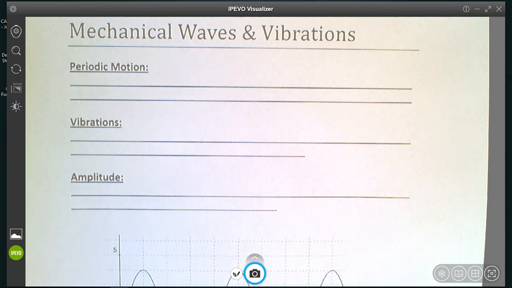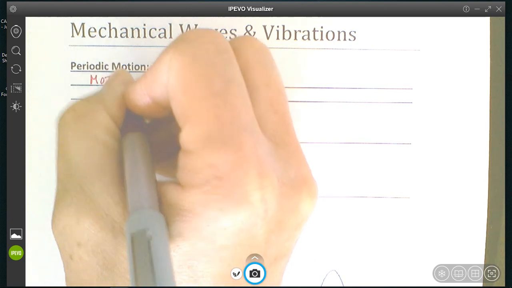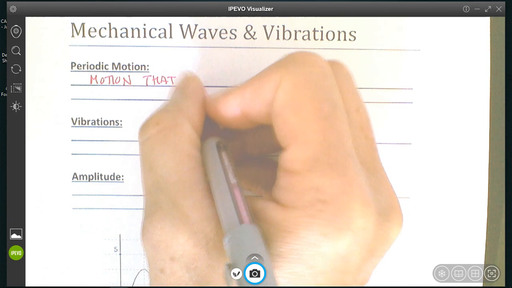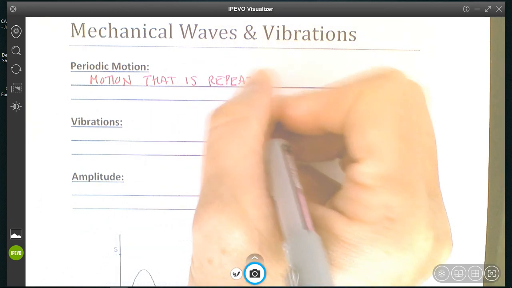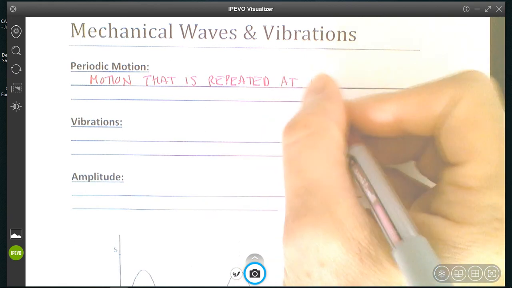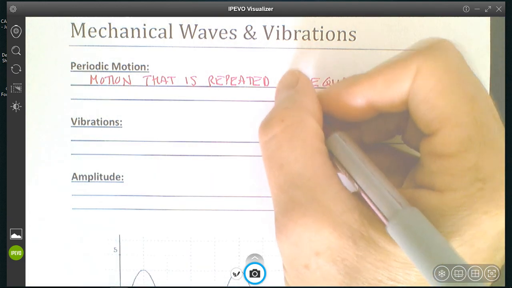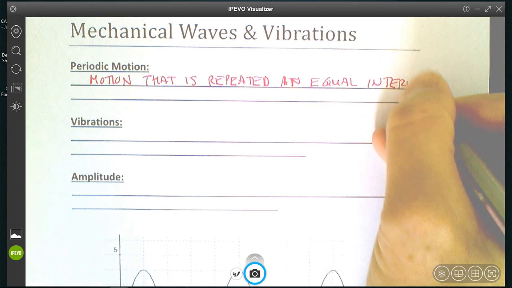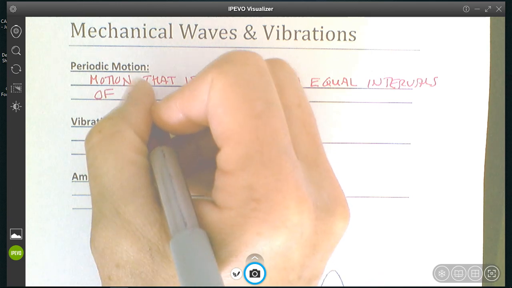So basically, periodic motion is motion that is repeated at equal intervals of time.